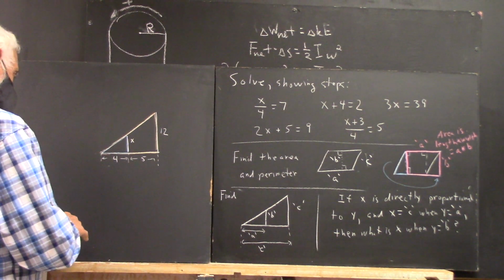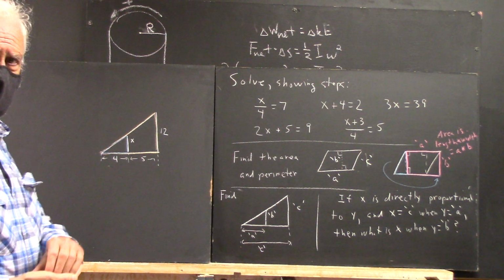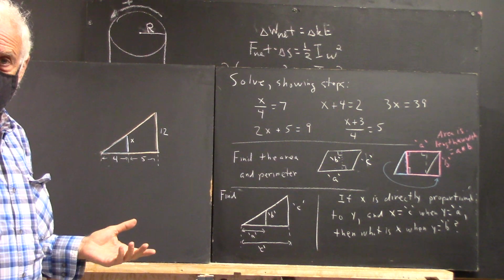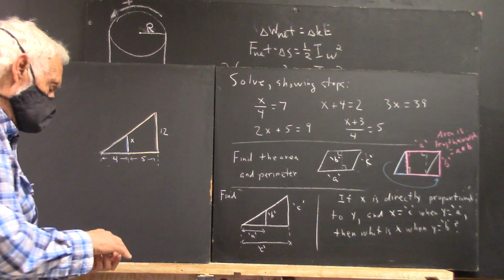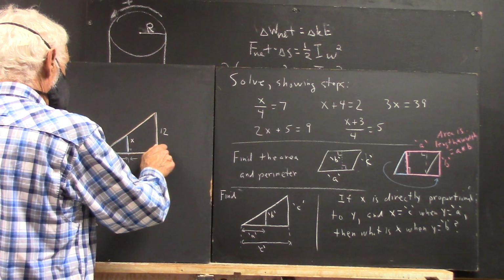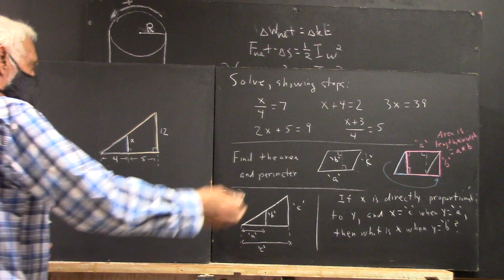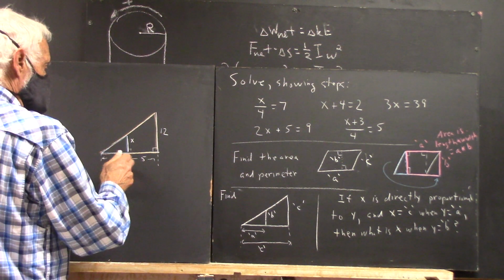So I can redraw these triangles, and they're similar because they've got identical angles. This angle is implicitly 90 degrees. I didn't draw it that way. I didn't include the symbol, so it looked the same.